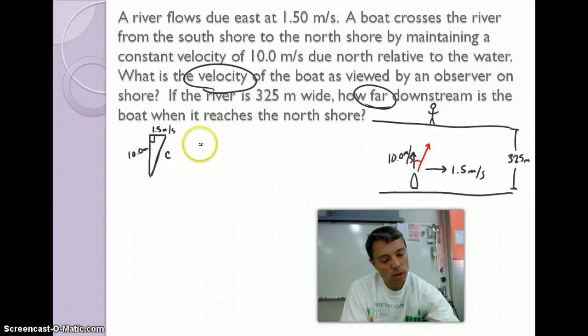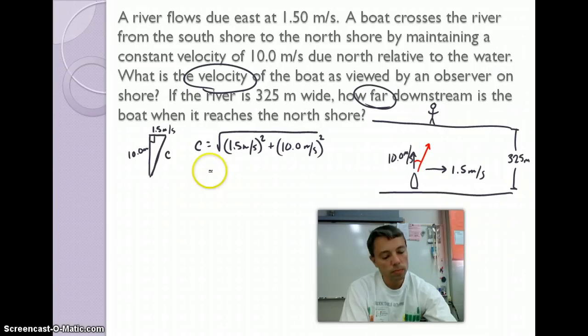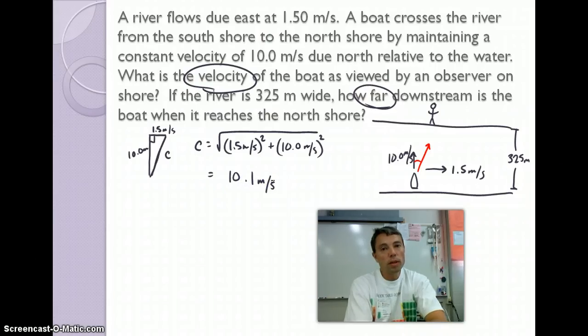So C is equal to the square root of A squared plus B squared, and then we're going to take the square root of it. And so when I actually go through and figure this out, it ends up coming out to be 10.1 meters per second. Now again, that's only the magnitude part of it.